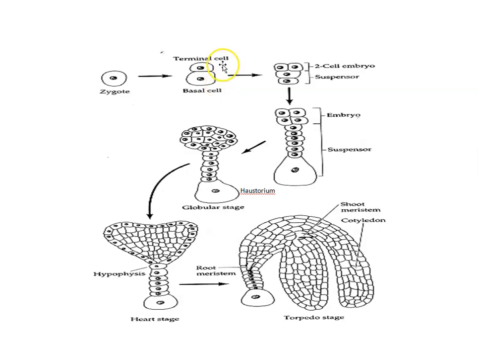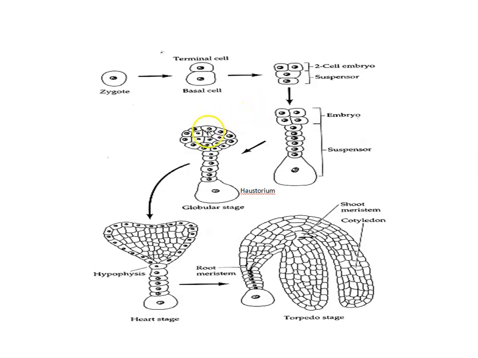Then the two-celled stage. Here the embryo possesses two cells, terminal and basal cell. Then two-celled embryo and suspensor, then the eight-celled embryo stage. Embryo progresses to the eight-celled stage.